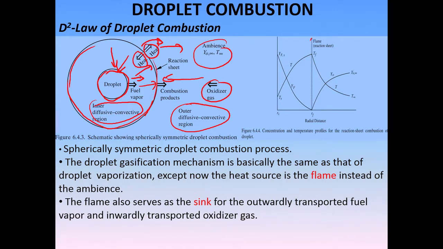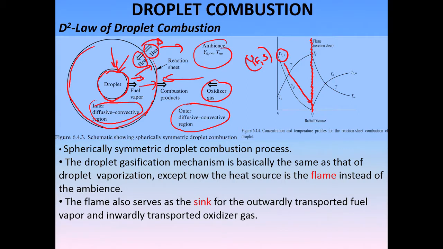If you look at this flame front very carefully, there are some interesting things you will observe. YFS is the concentration of the fuel vapor near the droplet surface.